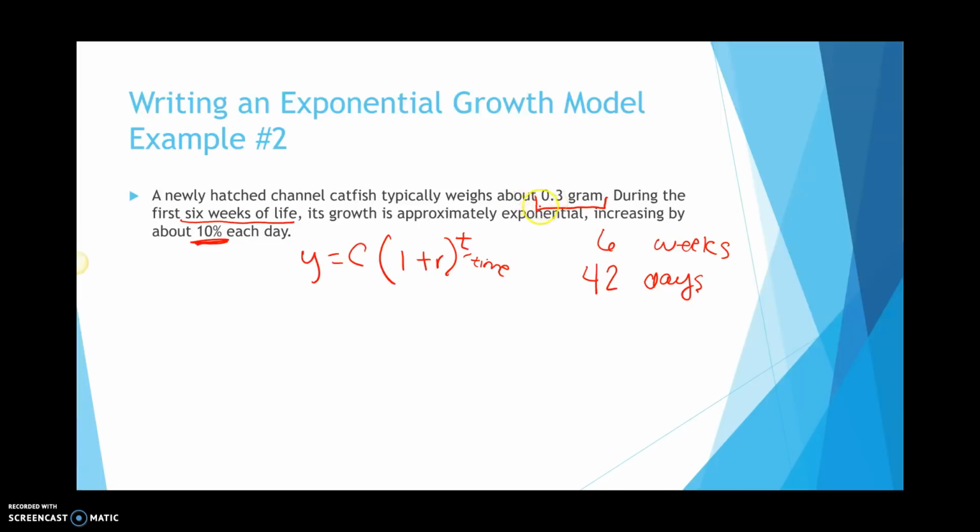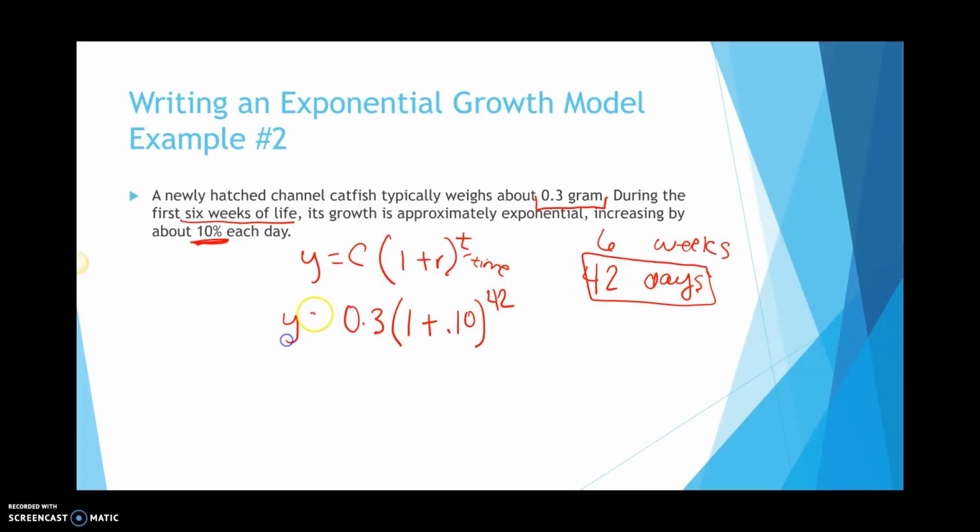So they're starting at, it typically weighs about 0.3 grams, so that's my C, 0.3 times 1 plus my rate. My rate is 10%, which is 0.10 as a decimal. Raised to the time, that's going to be my weeks changed to days, that's 42 days.